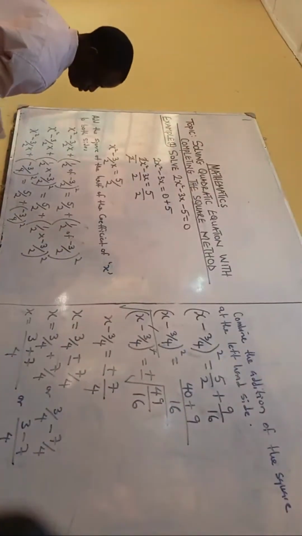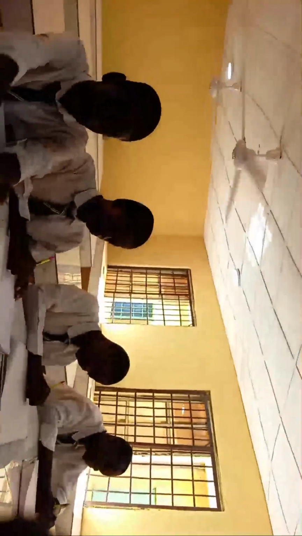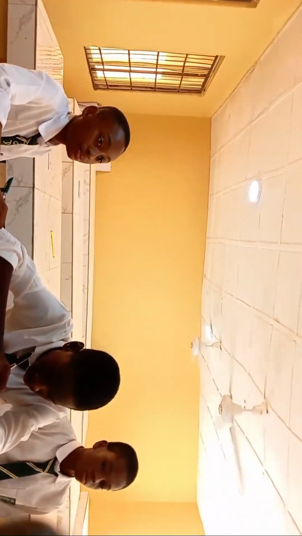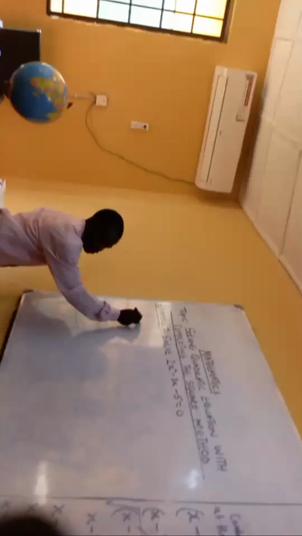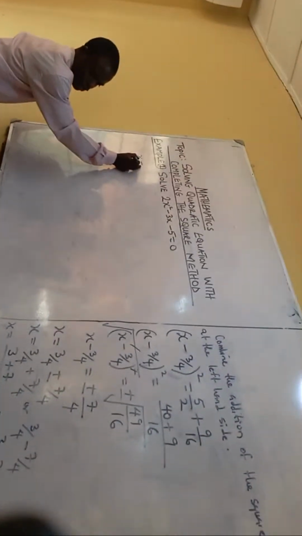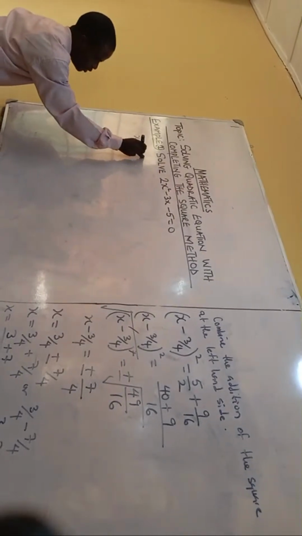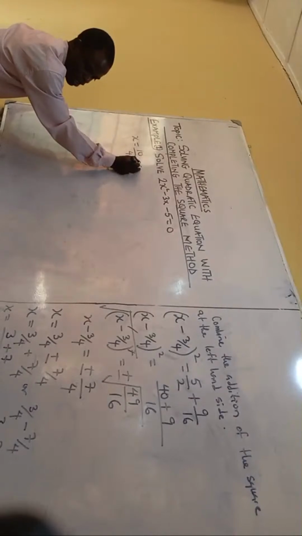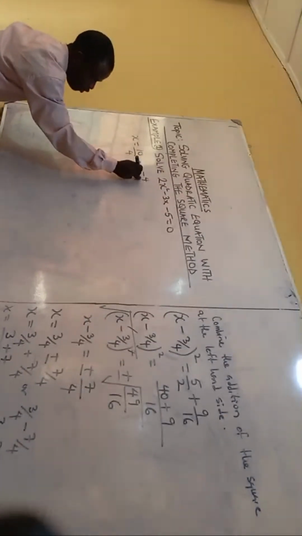Okay? Now, let's continue with the solution. X equals 3 plus 7, that's 10 over 4, or 3 minus 7, that's minus 4 over 4.